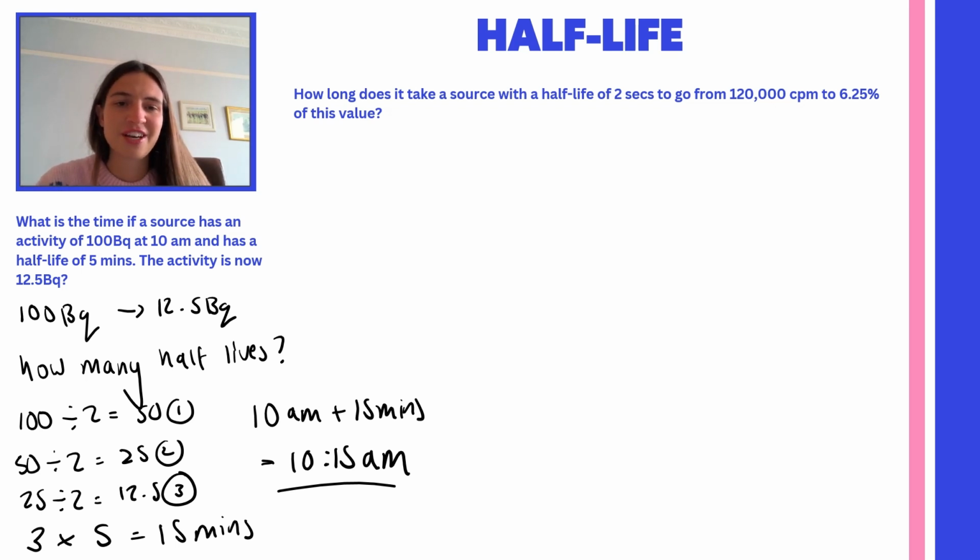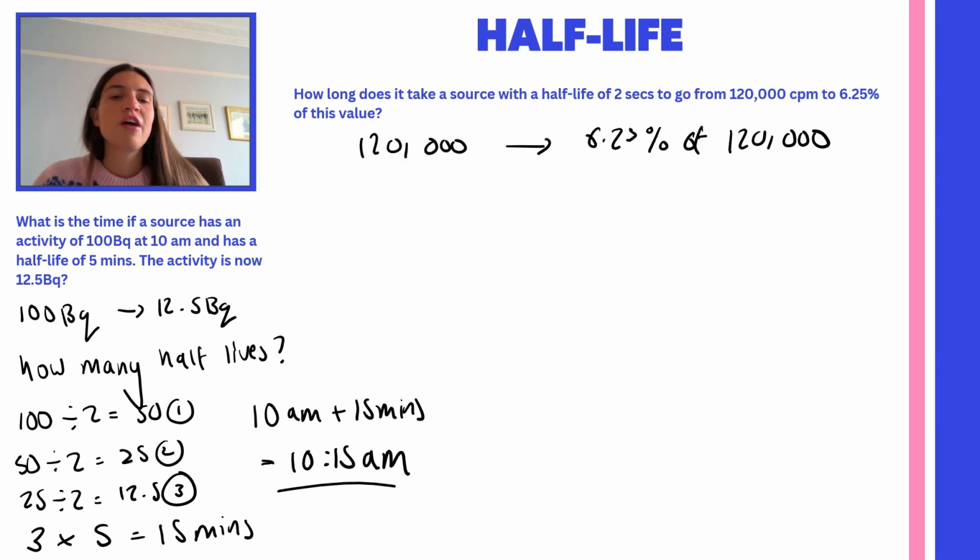Okay, next question. How long does it take a source with a half-life of 2 seconds to go from 120,000 CPM to 6.25% of this value? CPM is just another unit of activity. It stands for counts per minute, so how many decays happen every minute. Okay, let me write the information out.